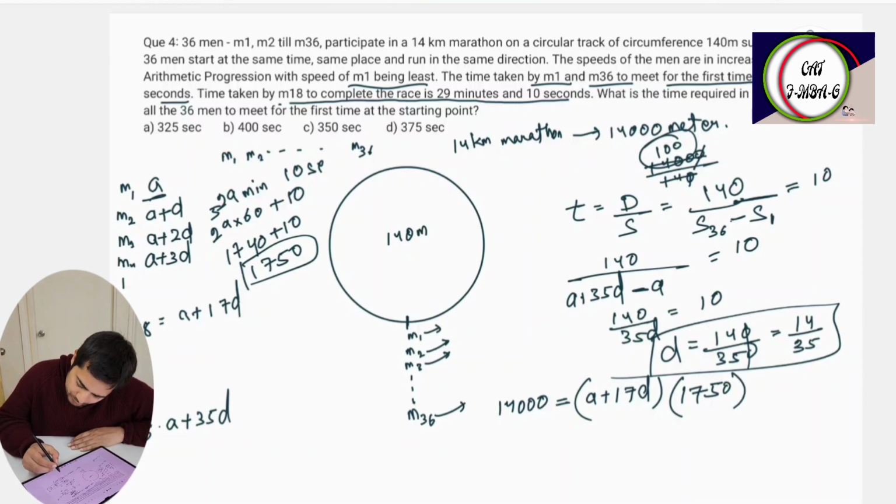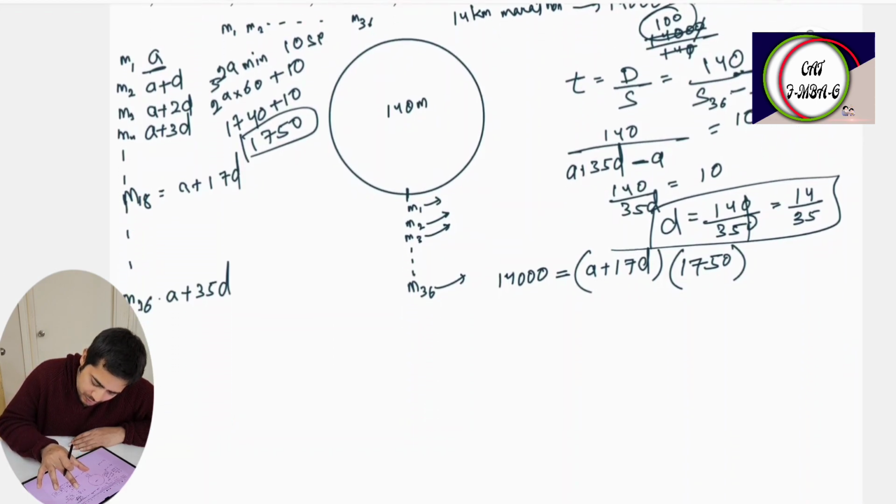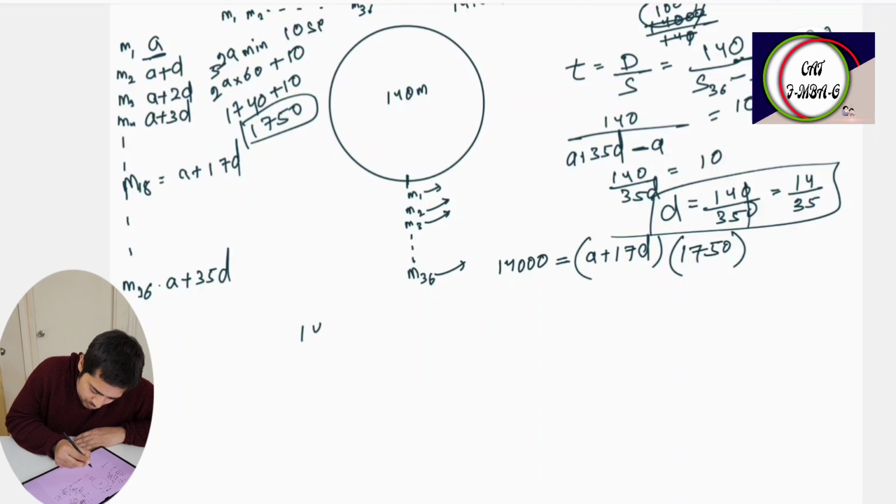Now we know that d is equal to 14 by 35. From this we will find a. So 14,000 is equal to a plus 17 into 14 by 35, divided by 1750.